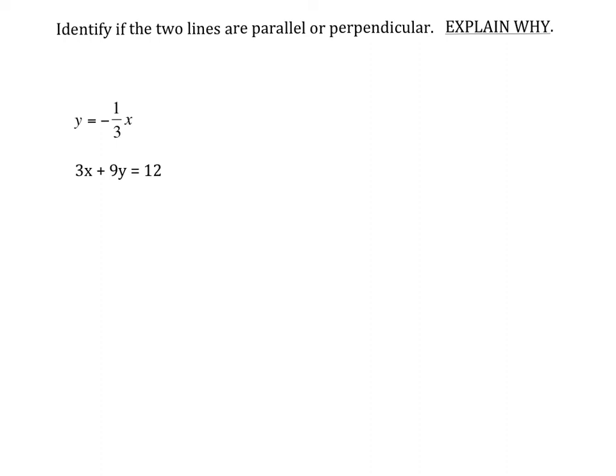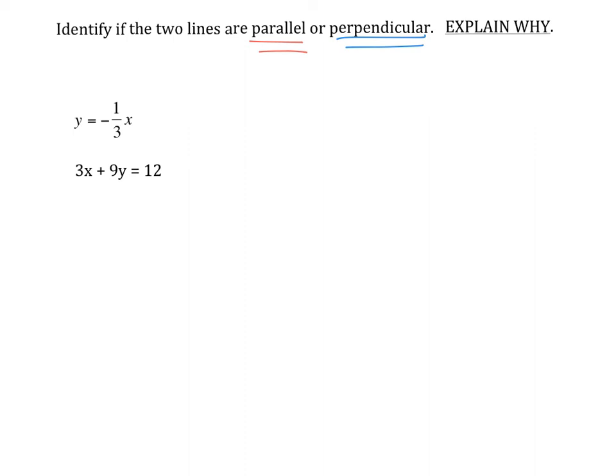In this last problem, we have to identify if two lines are parallel or perpendicular. We learned in our notes that parallel lines have the same slope and that perpendicular lines have a slope that is the opposite sign and also the reciprocal.